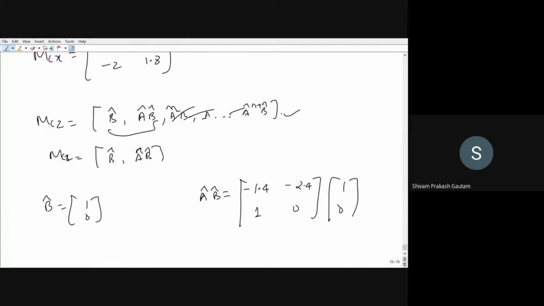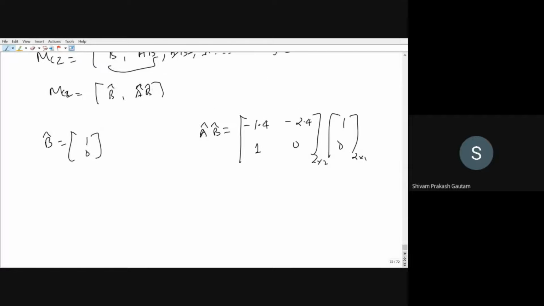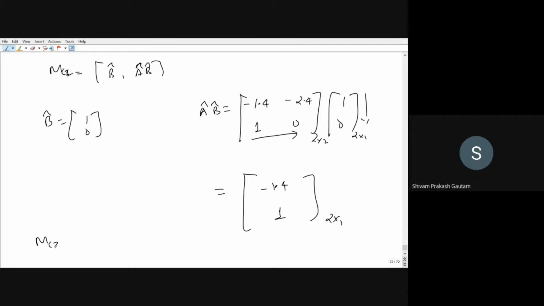Again, this is a 2 cross 2 matrix, and this is 2 cross 1. Finally, you will be having a 2 cross 1 matrix. So minus 1.4 into 1 will be minus 1.4, and 2.4 into 0 will be 0. Second row multiplied with this: 1 into 1 will be 1. So MCZ will be equal to B matrix, that is 1 and 0, and AB matrix, that is minus 1.4 and 1. So this is your MCZ.